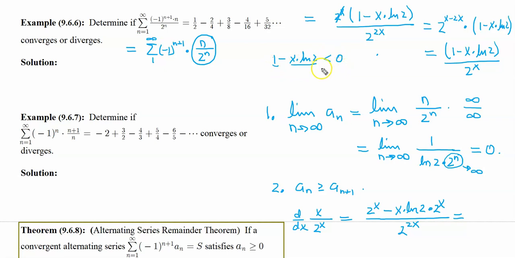In particular, it'll be negative for x greater than, if you were to simplify this inequality, 1 over the natural log of 2, of course. Okay, and that is approximately 1.44. So you see this will be negative right here. Let's just put it right over here for x bigger than or equal to 2, right?